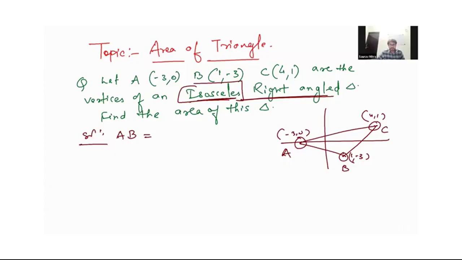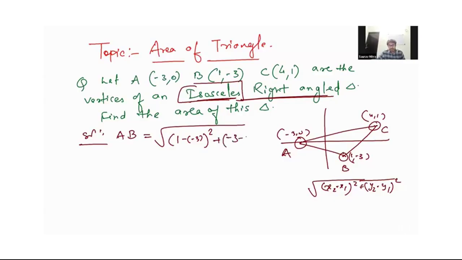We will use our distance formula. Our distance formula is the square root of (x2 minus x1) square plus (y2 minus y1) square. This is our distance formula. If I am taking AB, then I will take (1 minus of minus 3) square, so I am taking my first coordinates from B, plus (minus 3 minus 0) square.